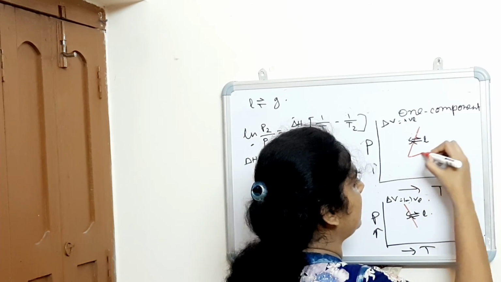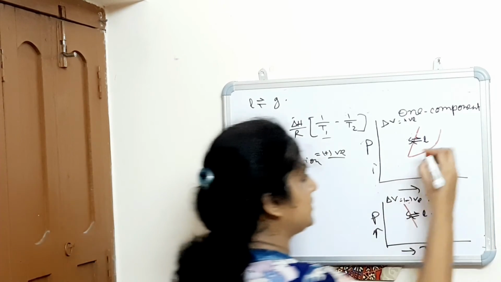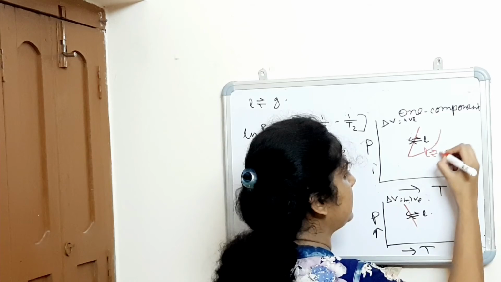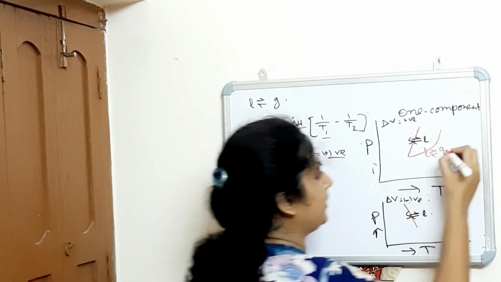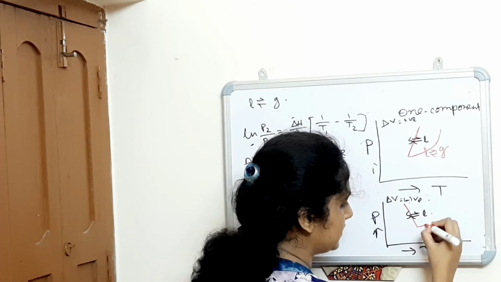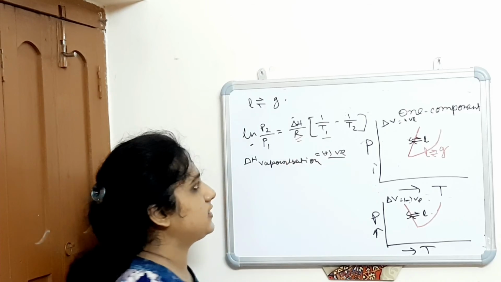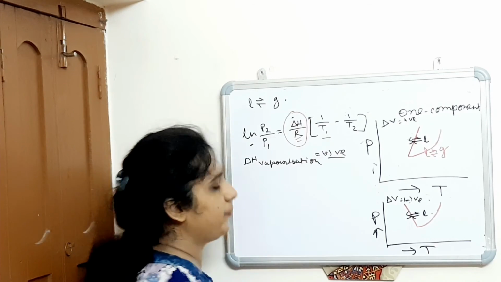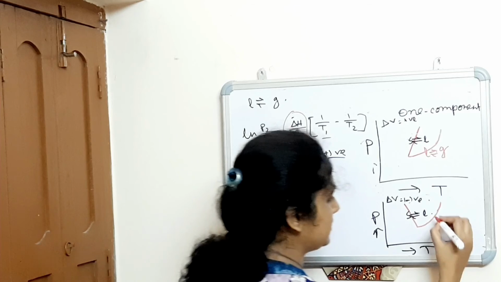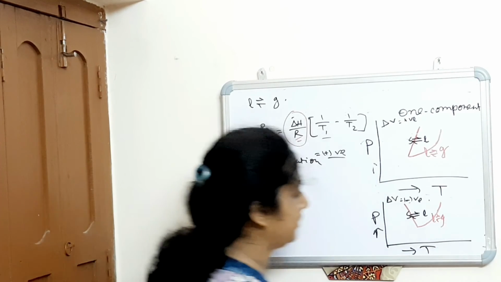This is not a straight line curve. Here also it is an exponential curve and it is upward, because this term is a positive term, and this is the liquid gas equilibrium curve.